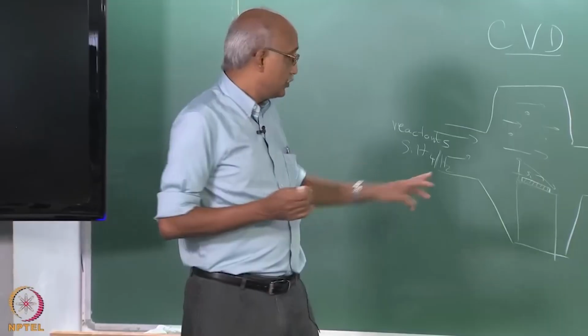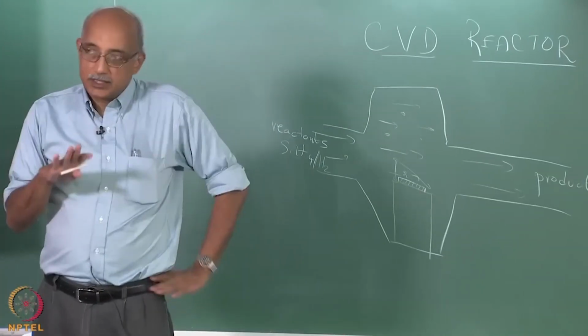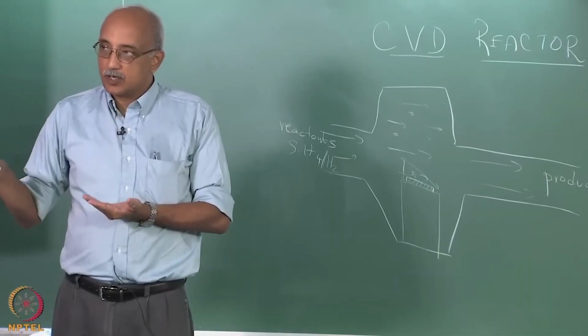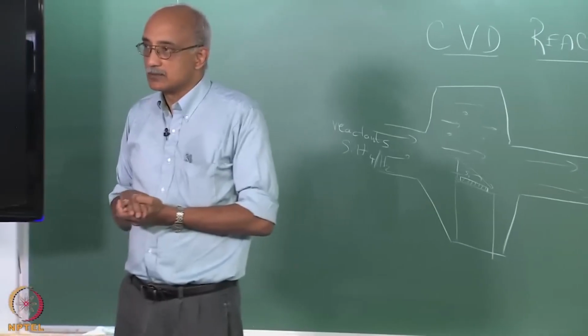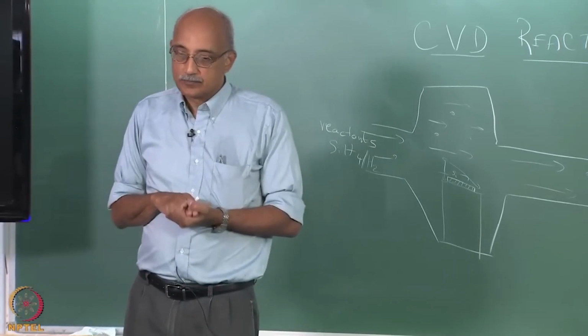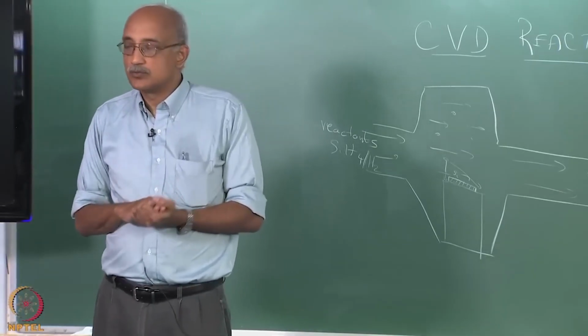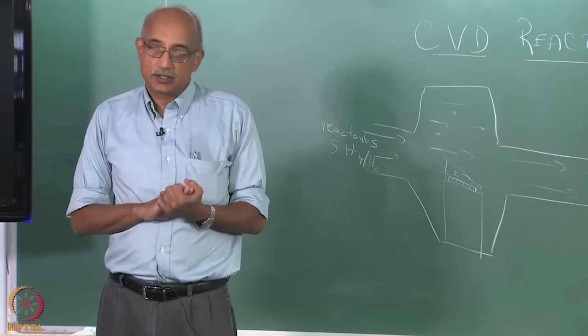Now, when you do that, what happens? The silane concentration can now be maintained virtually constant as the gas flows across the substrate. So, use of a diluting agent helps in maintaining uniformity of the film thickness. Any other ways that you can think of?